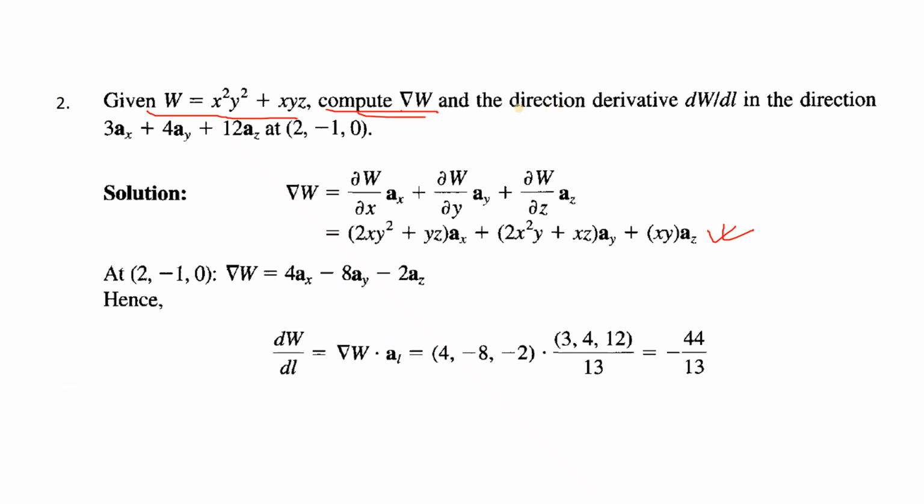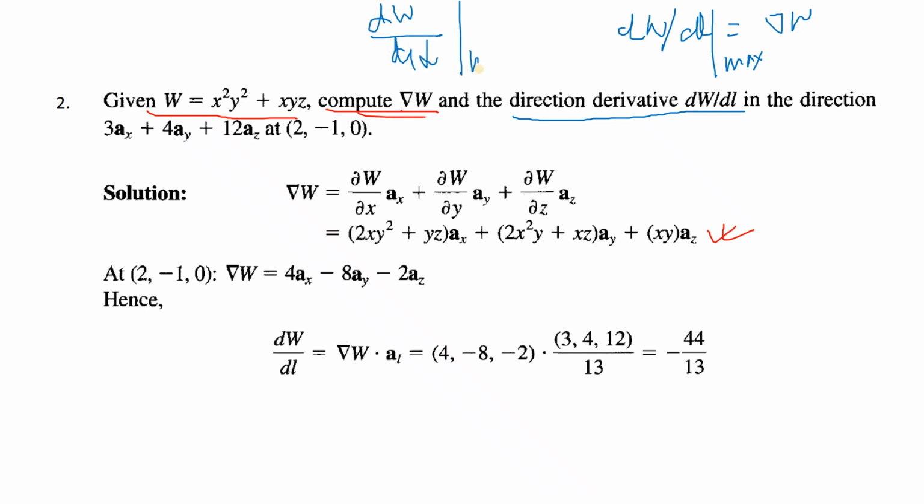Now comes the second part of the question. In the second part, you have to compute the directional derivative dW by dl. Now see, dW by dl is equal to the gradient of W only when this is maximum. Suppose dl is the shortest value, then only this part will be the maximum value.